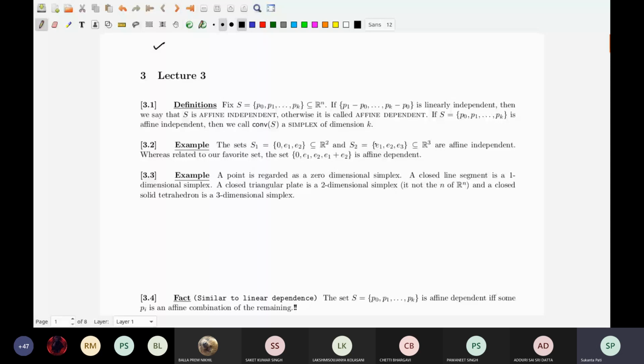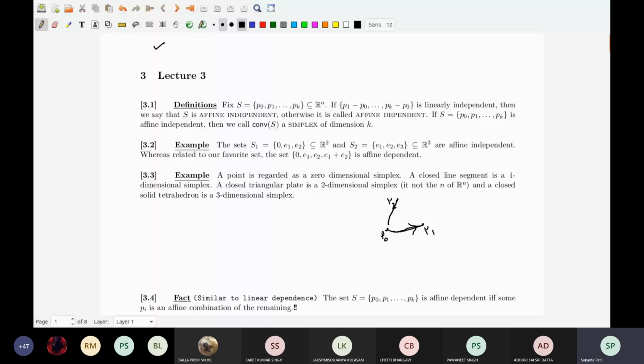Let me say something like, take 3 points. These are 3 points. You can call this P0, this P1, and this P2. When you take the difference, P1 minus P0 will be this vector, and P2 minus P0 will be this vector.